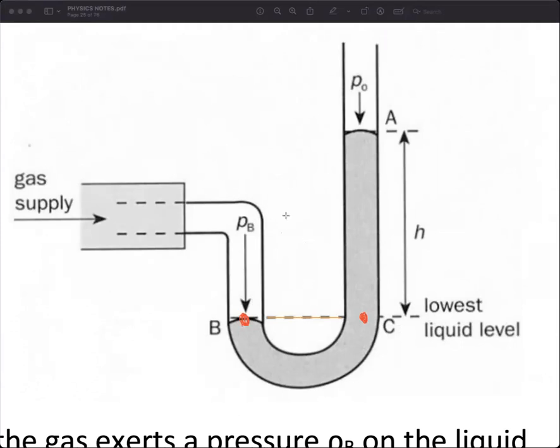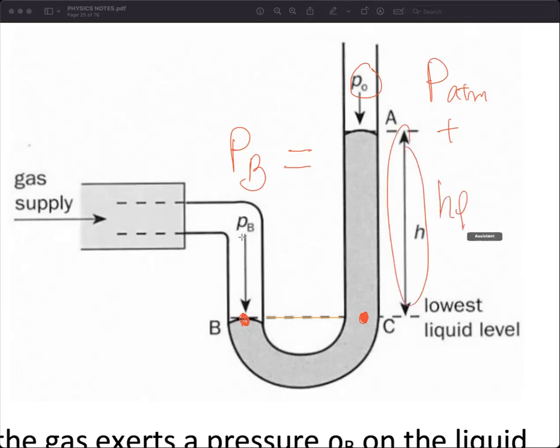So can I conclude that pressure at B is equal to pressure at C, which consists of the atmospheric pressure P_atm plus this height here, h rho g, equal to the pressure at C?